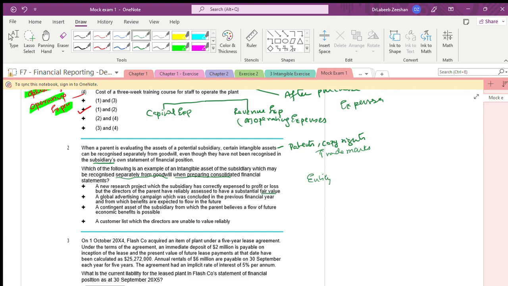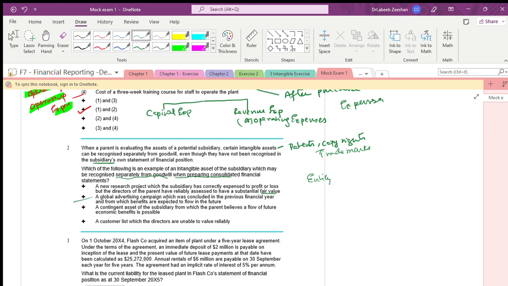A global advertising campaign which was concluded in the previous financial year and from which benefits are expected to flow in the future. See, an advertising campaign is an expense.